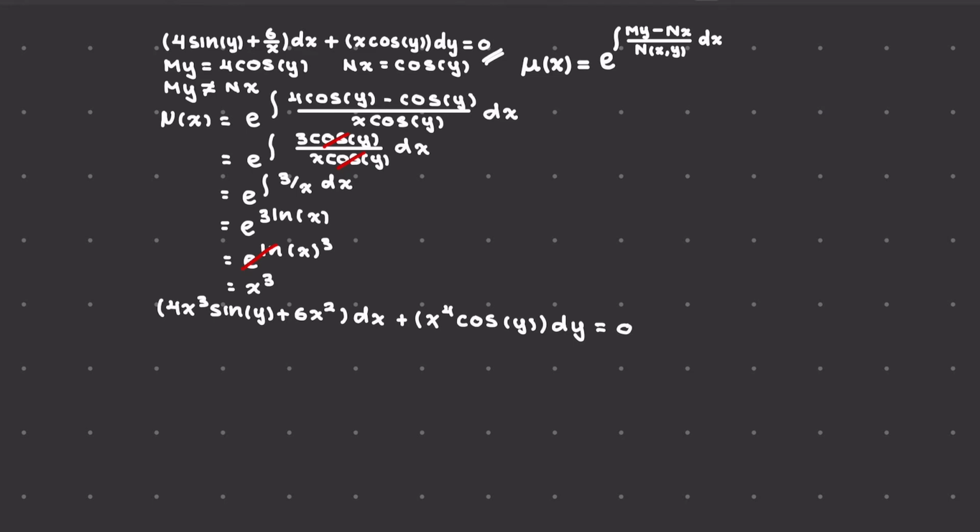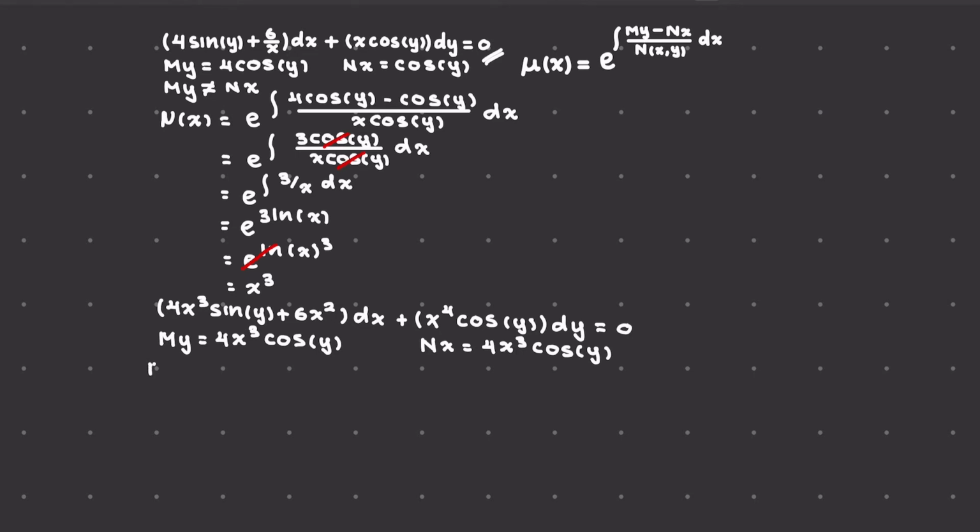Now let's check whether the differential equation that we've generated is exact or still non-exact. Taking the partial derivative with respect to y on the left-hand side gives us 4x cubed cosine y, and on the right side, taking the partial derivative with respect to x gives us 4x cubed cosine y.